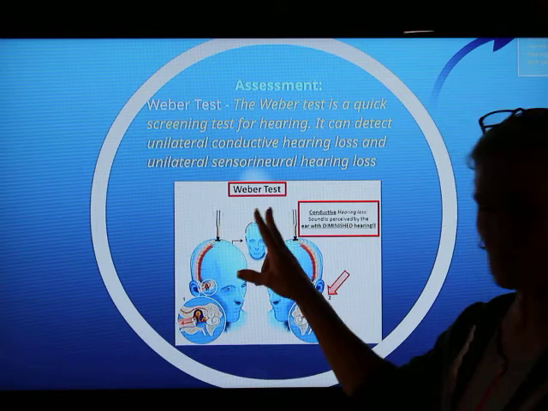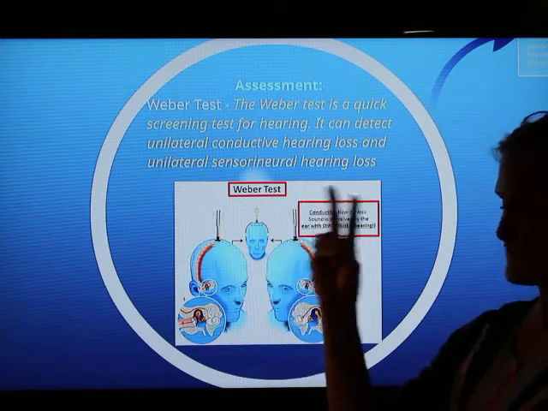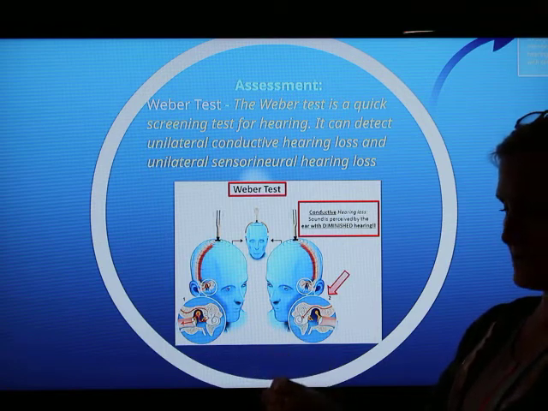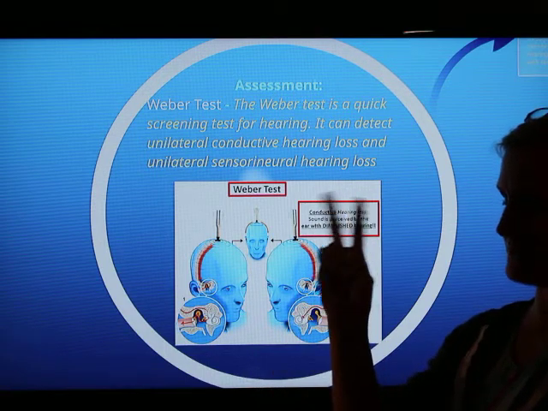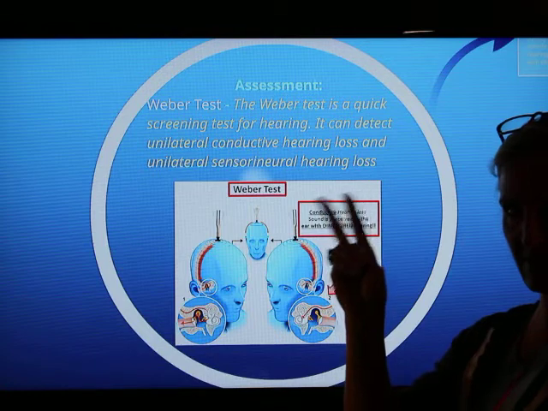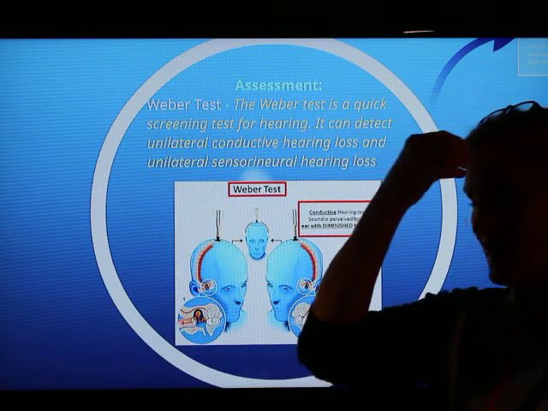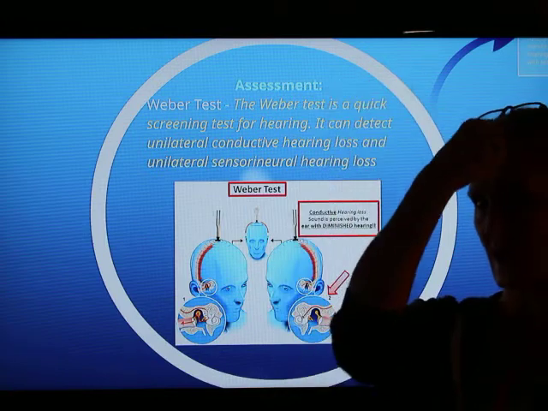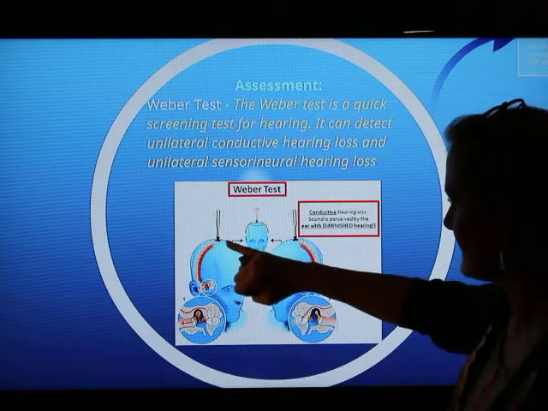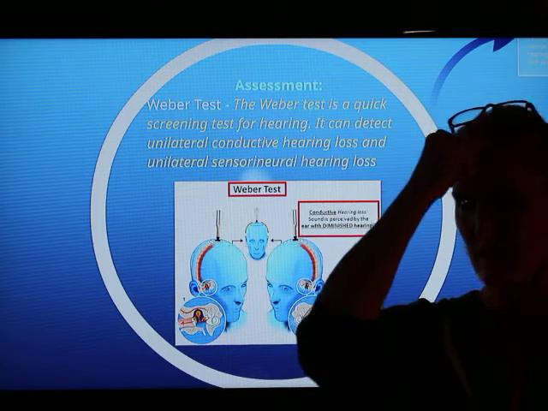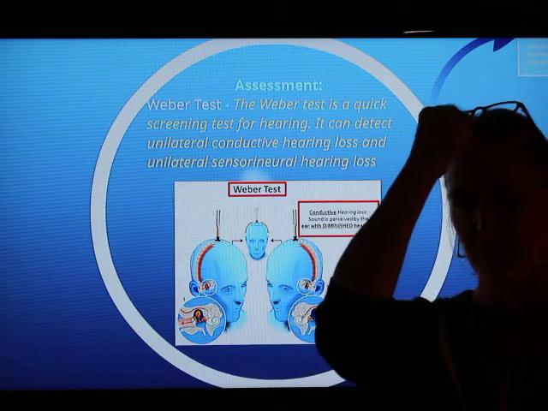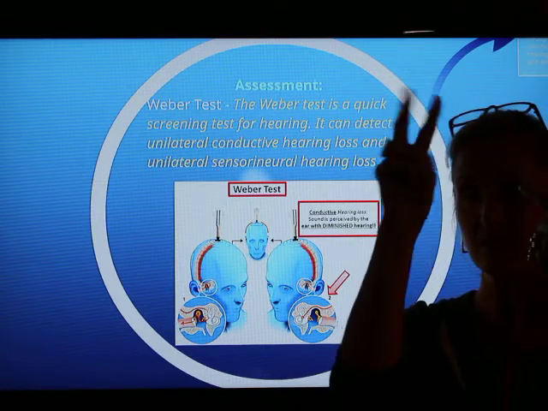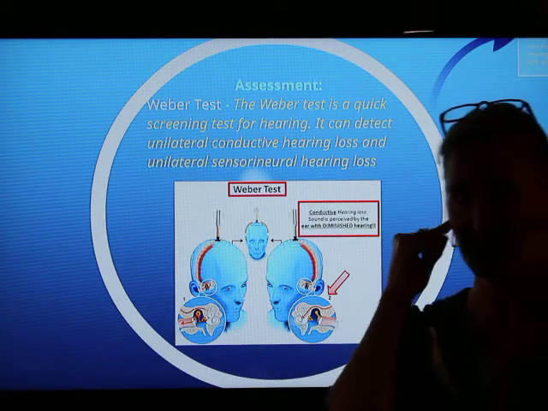We use a tuning fork, and I'm sure you've seen them. You hold the base of the tuning fork and you hit it, and then it starts vibrating. In a Weber's test, you put the end of the vibrating fork on a person's forehead, like right here, preferably not on their hair, because what you want to do is conduct the sound of the vibration through the bone.